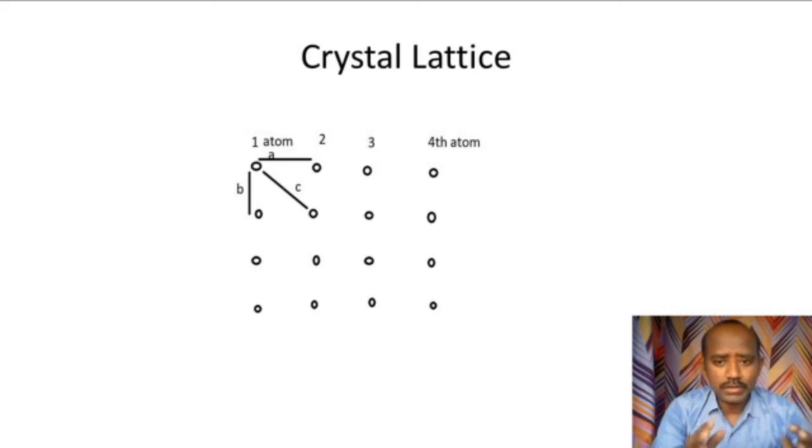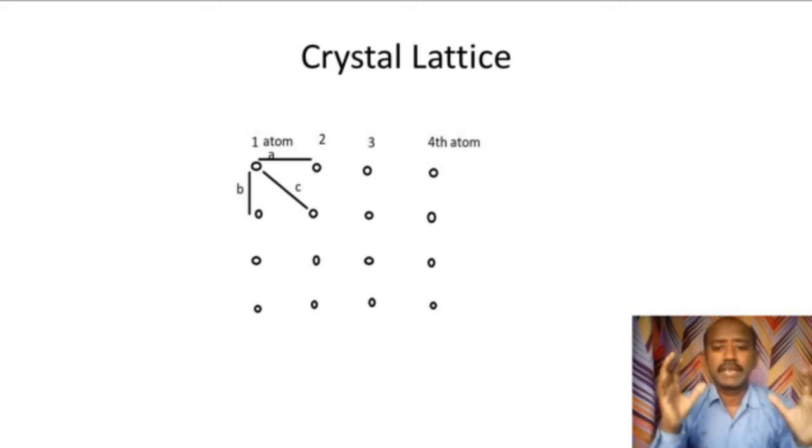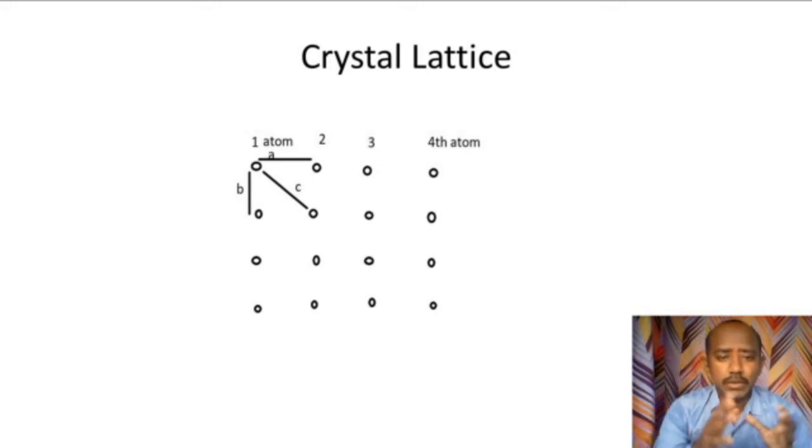We have shown the two-dimensional crystal lattice structure. Here we have atom 1, atom 2, atom 3 and atom 4 along the horizontal direction, or the x direction. The distance between atom 1 and 2 is taken as A. The distance between two particles along the horizontal direction will be the same, that is A only.